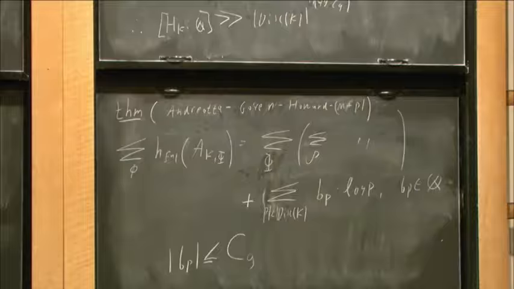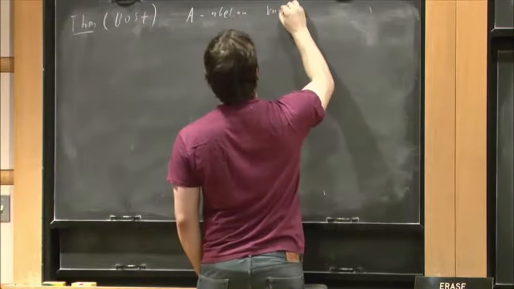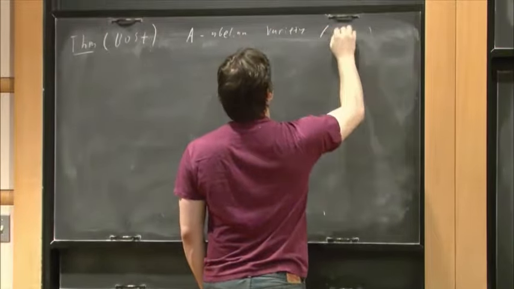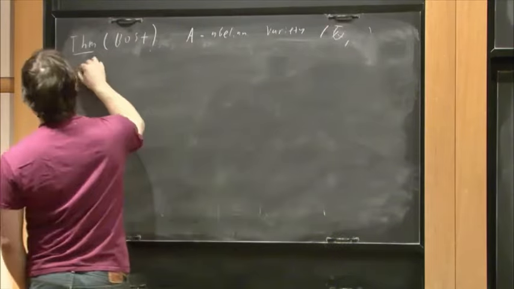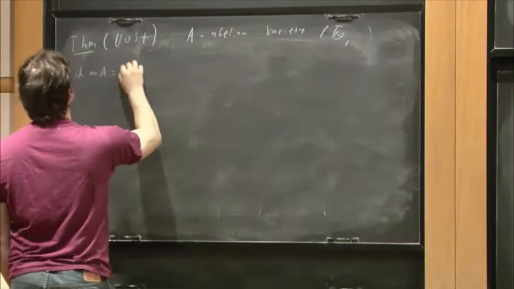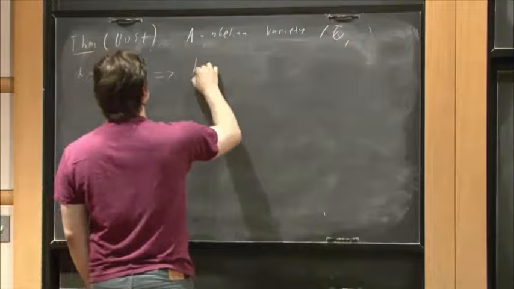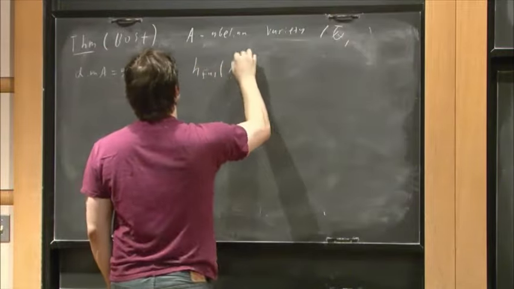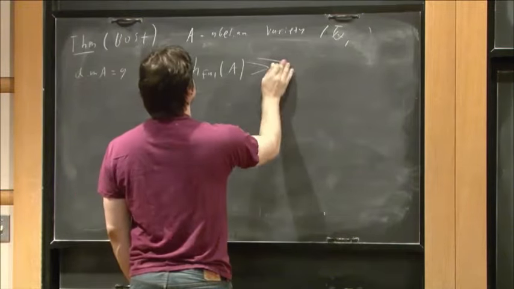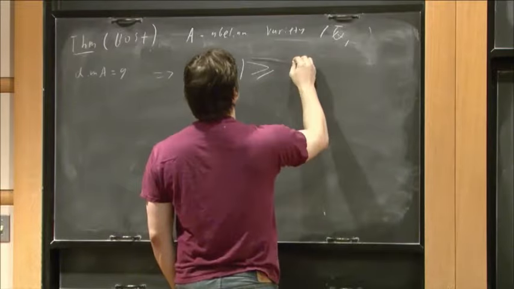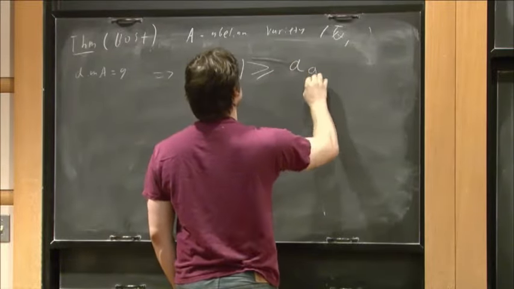And then it's a fairly old theorem of Bost that if you take any abelian variety A over Q bar of dimension g, then the Faltings height of A is actually bounded from below by some constant depending only on g.